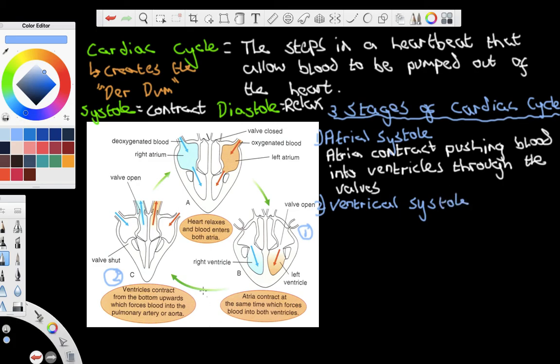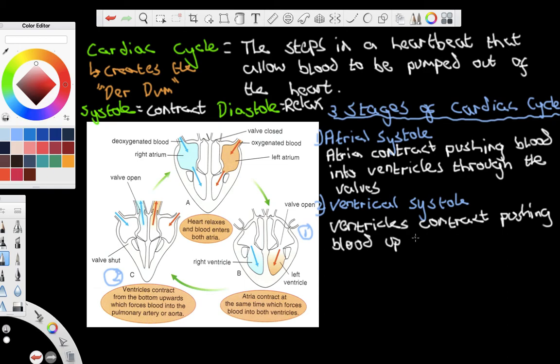This is when the ventricles contract, pushing blood up into the arteries.